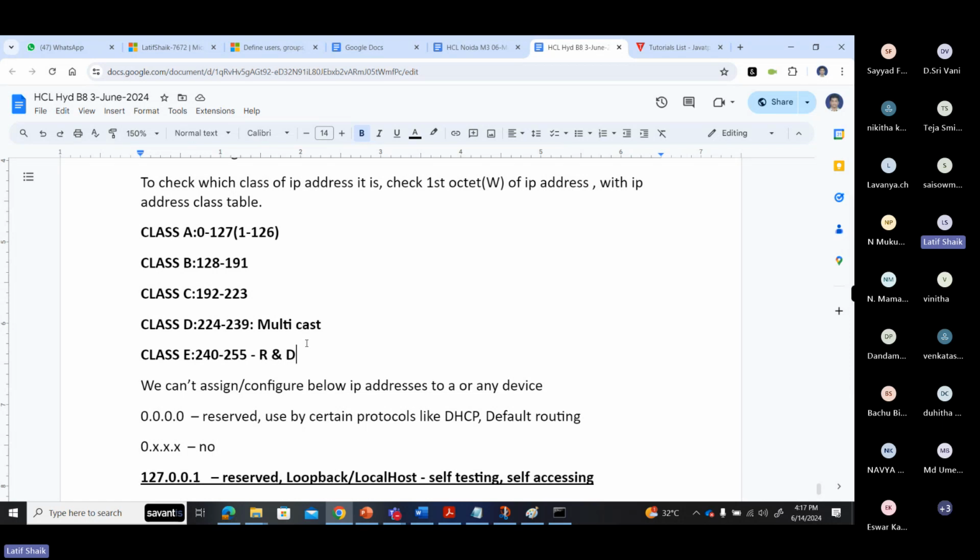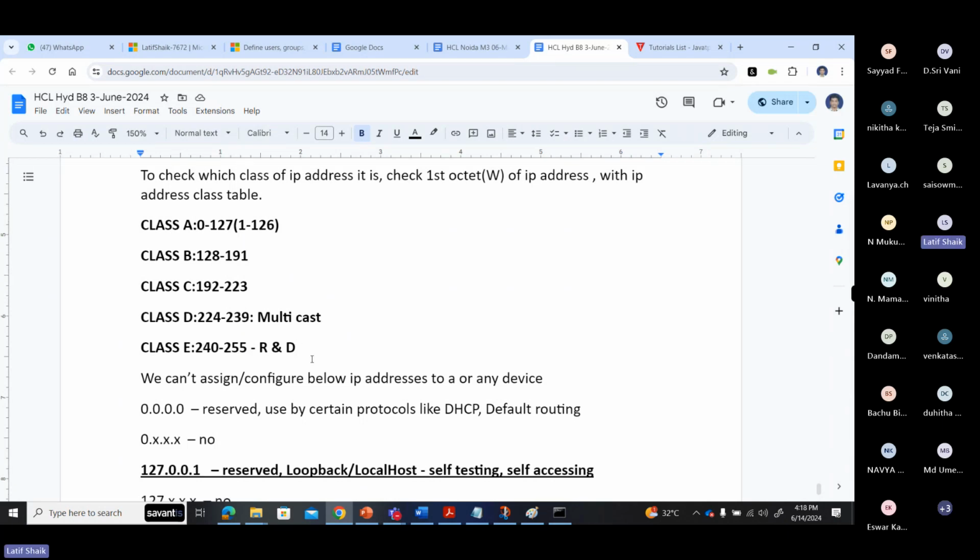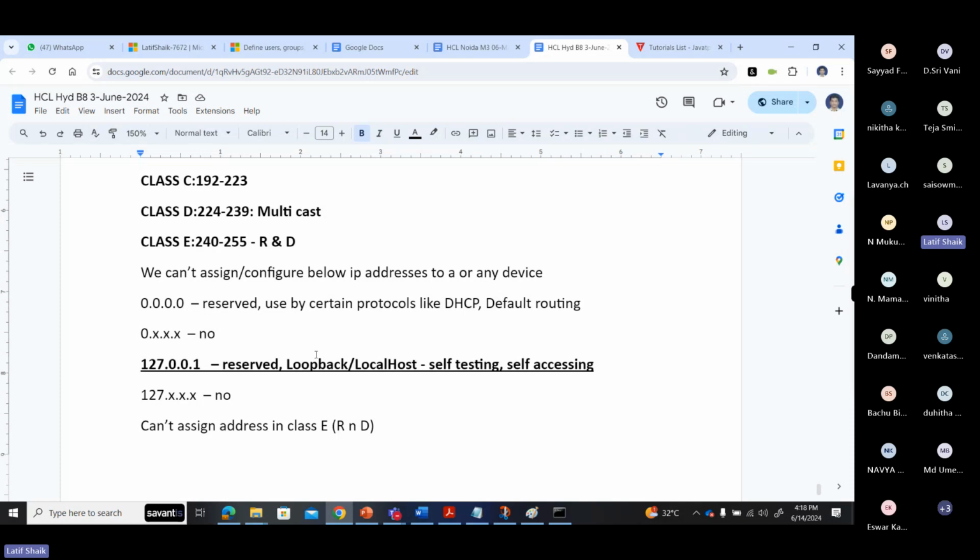But for class A, it shows 1 to 126. It means there are a few addresses you don't use: the 0 series and the 127 series, like 127.0.0.1. We don't use them, meaning we cannot assign them to any device.